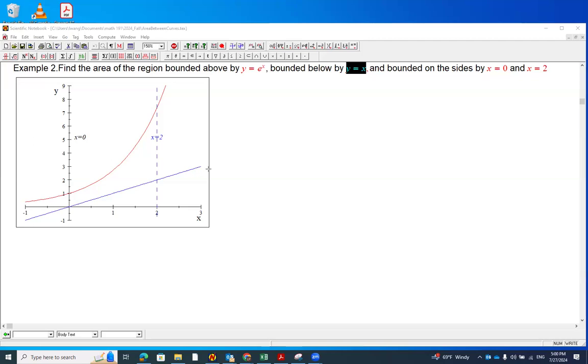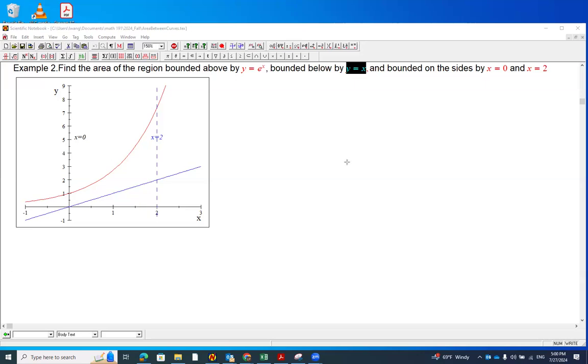One is curly and the other is a straight line, but it's not horizontal or vertical, it's just a normal line. So we have two straight sides. Now we have one function above and one function below for the interval from 0 to 2.